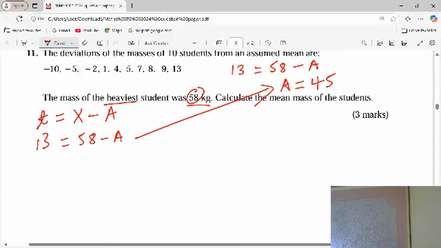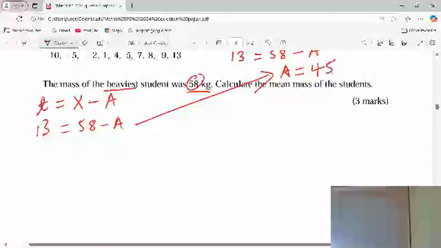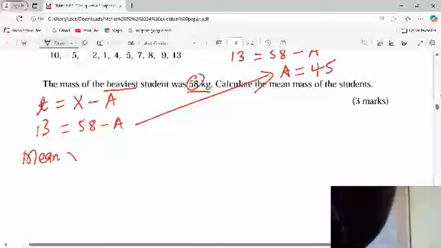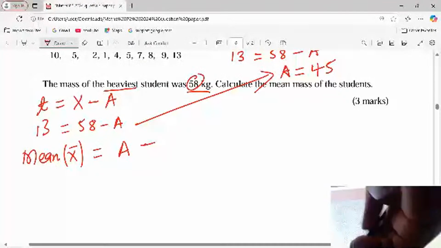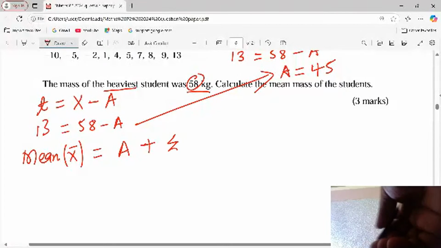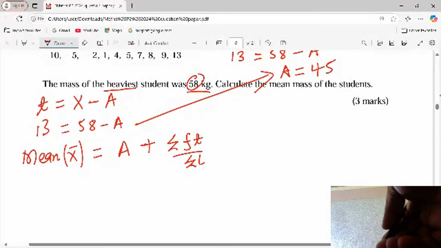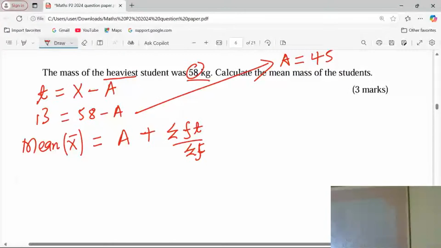Now, with an assumed mean of 45, I think we can solve a lot, because the actual mean of x will be given by the assumed mean plus the mean of all the deviations.